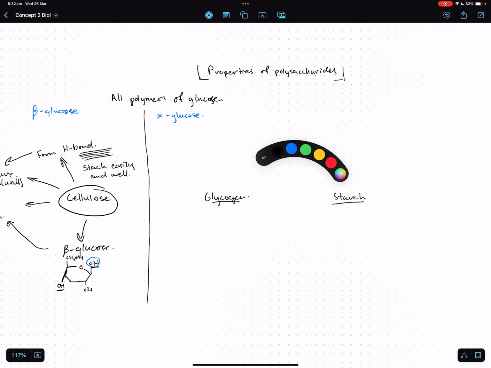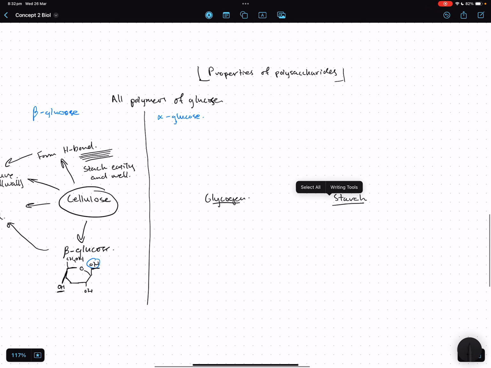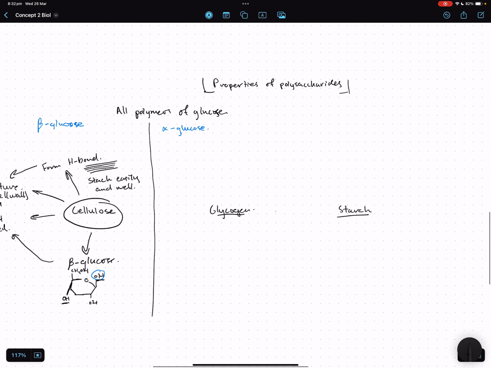My apologies, sorry. Amylose in starch is unbranched, and amylopectin is branched. But as far as we'll make the distinction, they all link to alpha glucose. They both link to this. Now this one is humans, and this one is mostly plants.